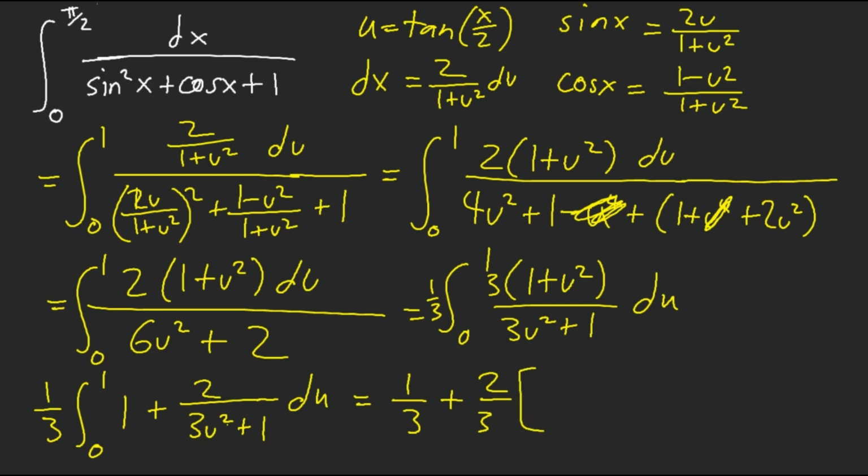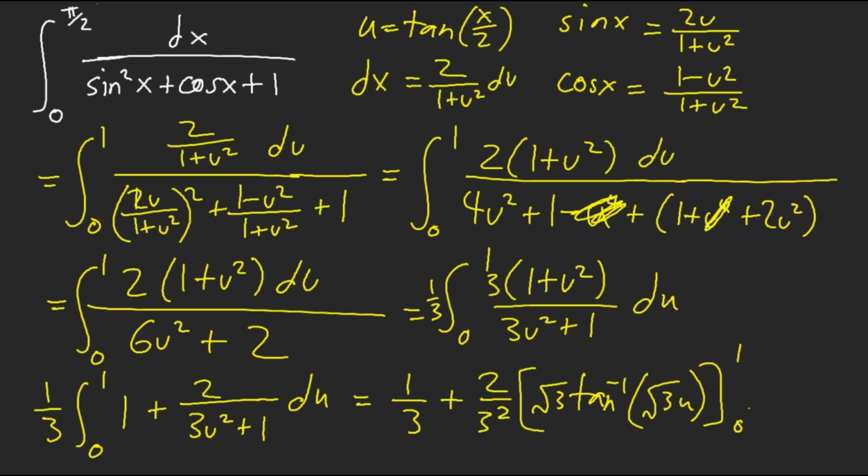3 root 3. Did I get another root 3? Is it 3 squared? Yeah, because if I factor it out, yeah. And root 3 inverse tangent of root 3 u, and then from 0 to 1.